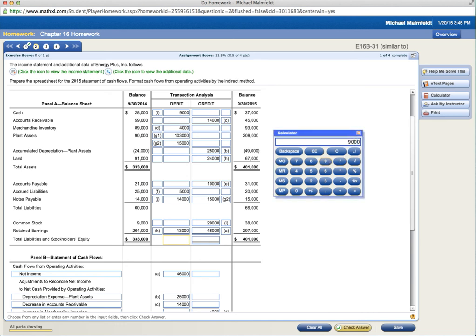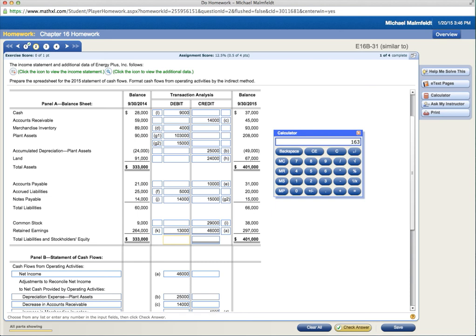Of course, it'll give us the answer if I don't answer it right this time anyway. And I'm fairly certain that all of these numbers here are correct. So it's just a matter of understanding what it is they're asking for at the bottom number here. And again, this is one of the negatives of MyAccountingLab software. But I think the positives outweigh the negatives. And this is one of the reasons why it's just a completion grade.